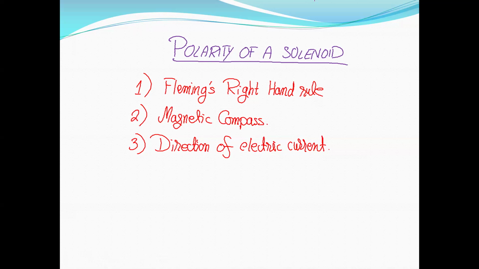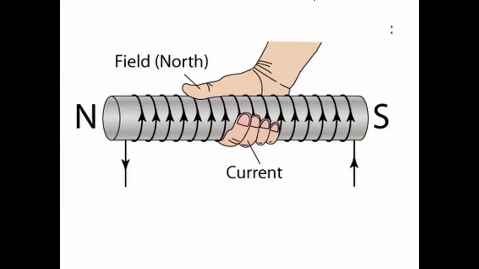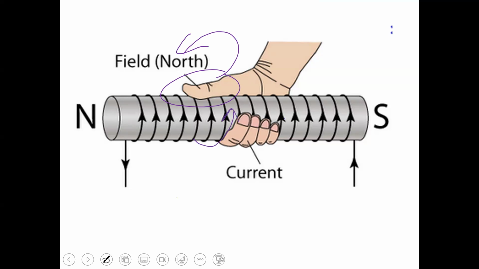Now let us go over this list. I hope you can recall this very famous diagram from O level. Hold the solenoid in your right hand. If you hold it like this, the thumb is pointing to the left. Look at the diagram. This is the thumb position, and the thumb position shows north. Look at the folded fingers. The folded fingers show the direction of current.